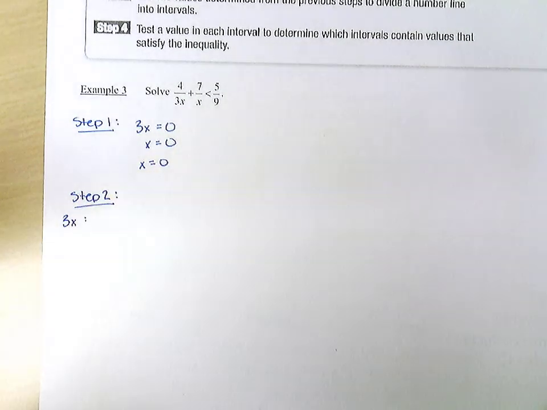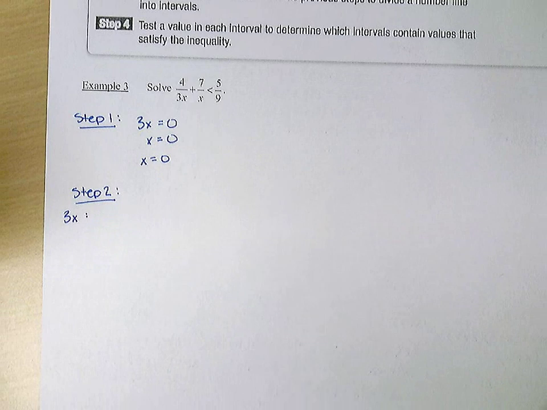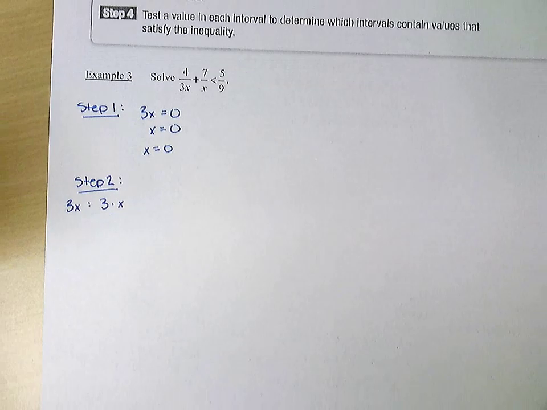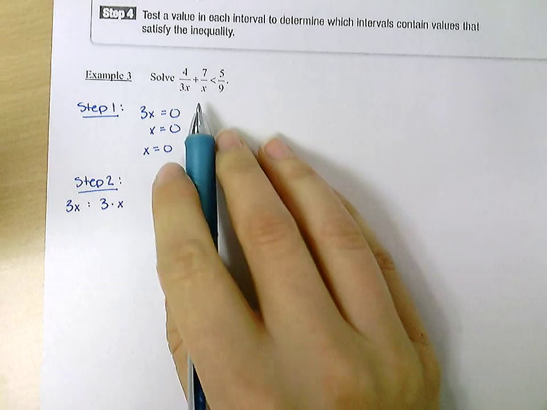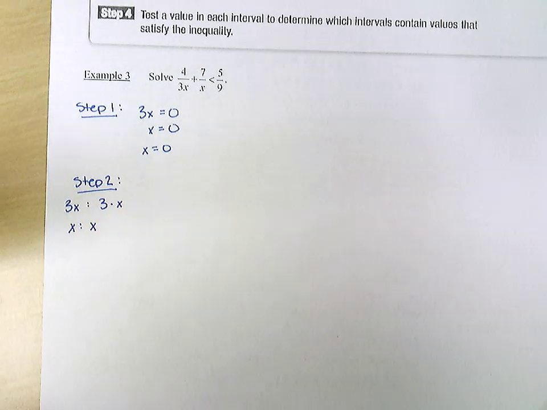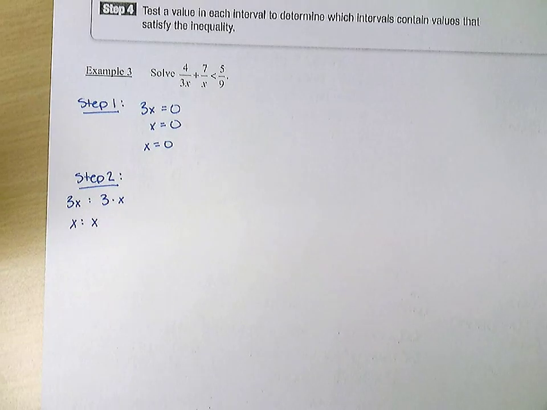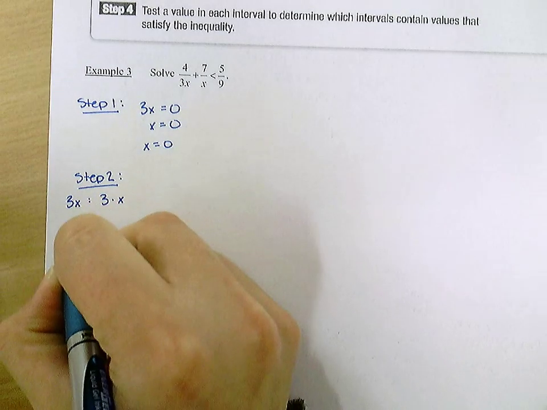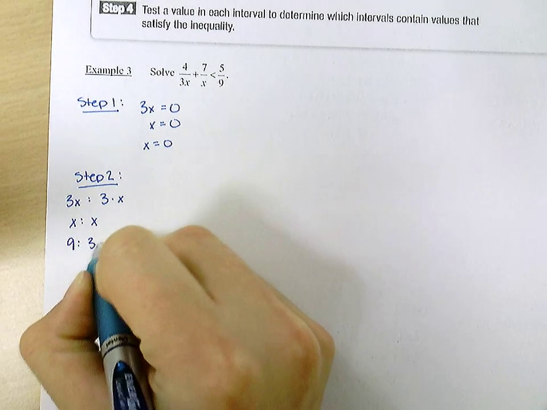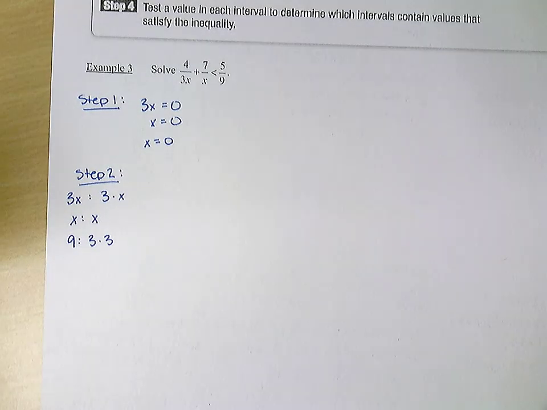So I have 3x, that just factors into 3 times x. I have x, which is just x. And I have 9, and that factors into 3 times 3.